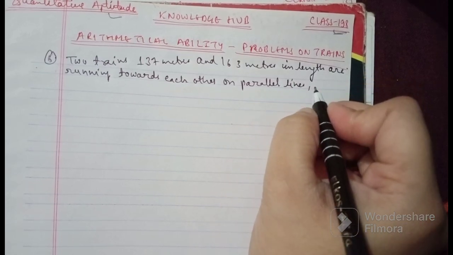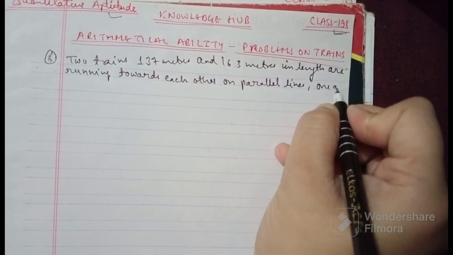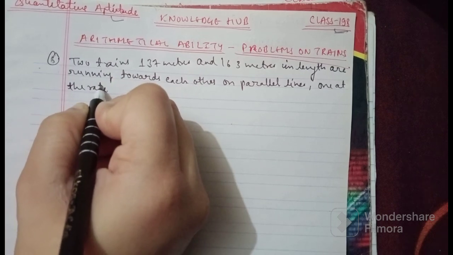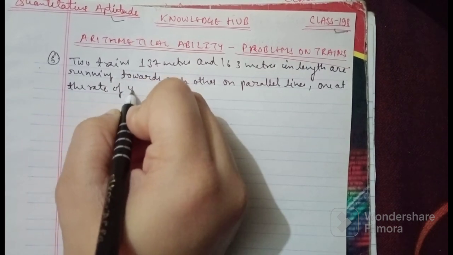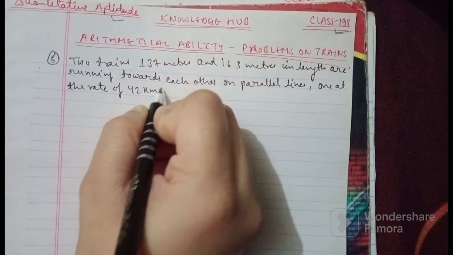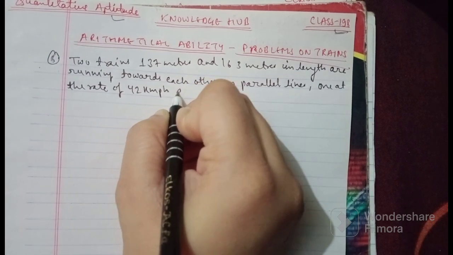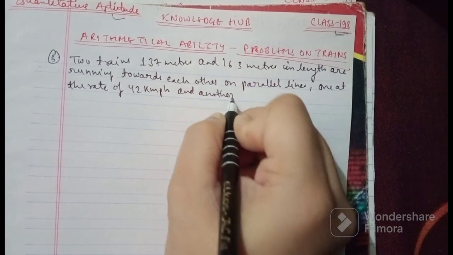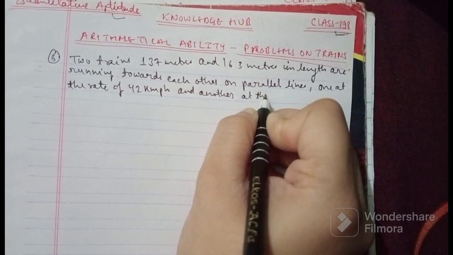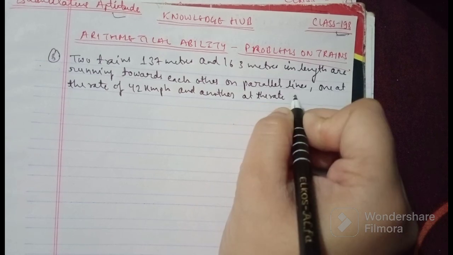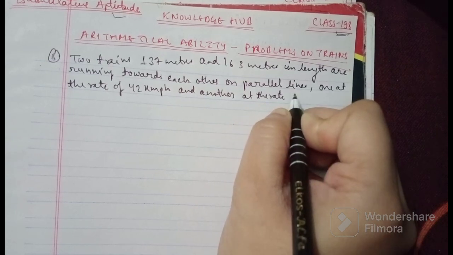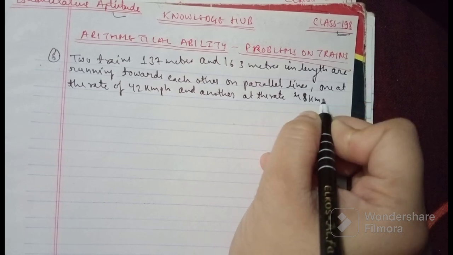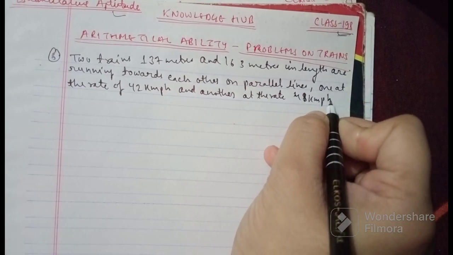One at the rate of 42 km per hour and another at the rate of 48 km per hour.